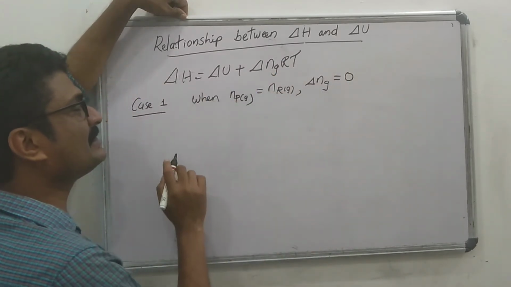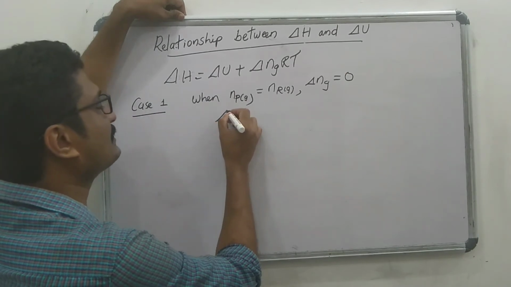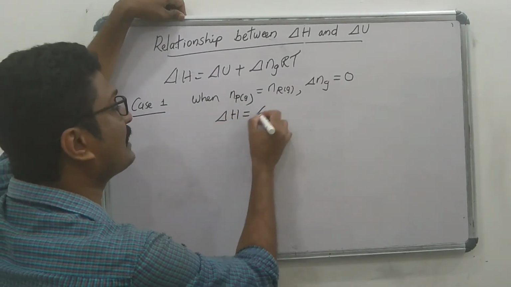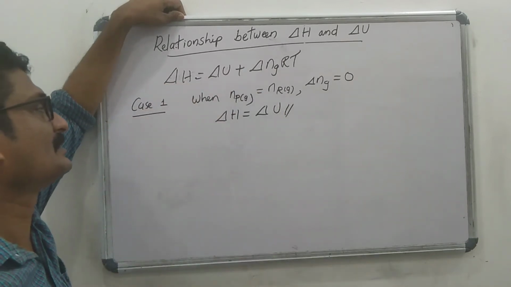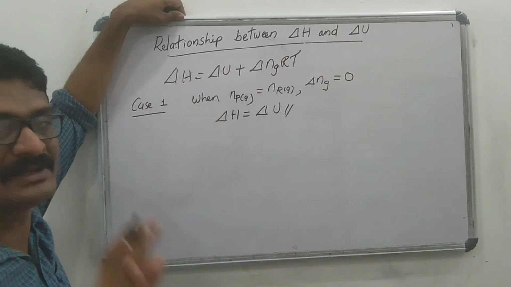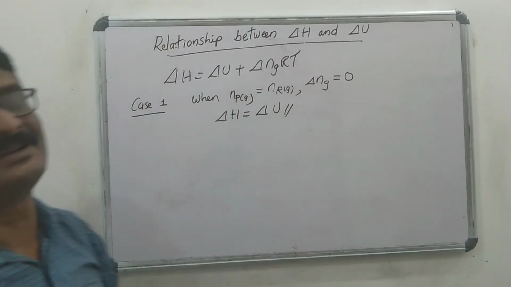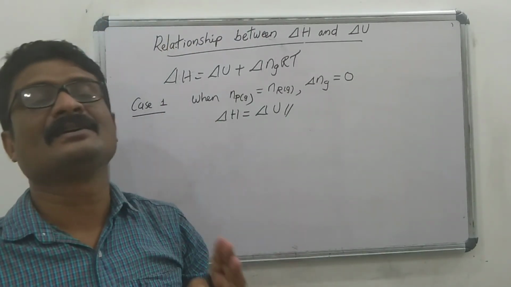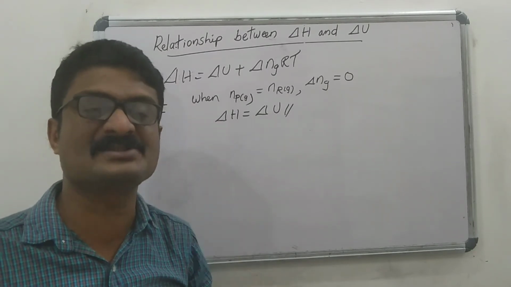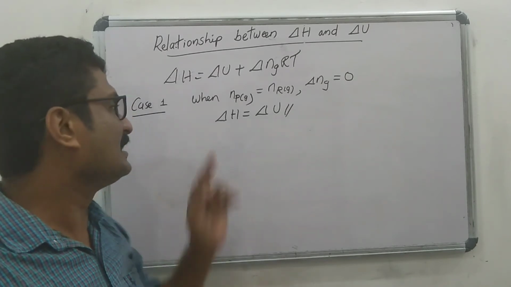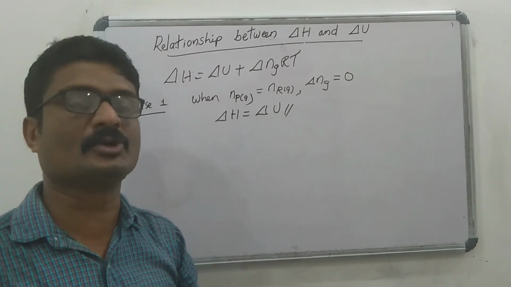Then in this case, the relationship between delta H and delta U is delta H equal to delta U. That means if you conduct this type of reaction at a constant pressure or at a constant volume, the energy change will be the same. Delta H equal to delta U, or we can say that QP equal to QV.